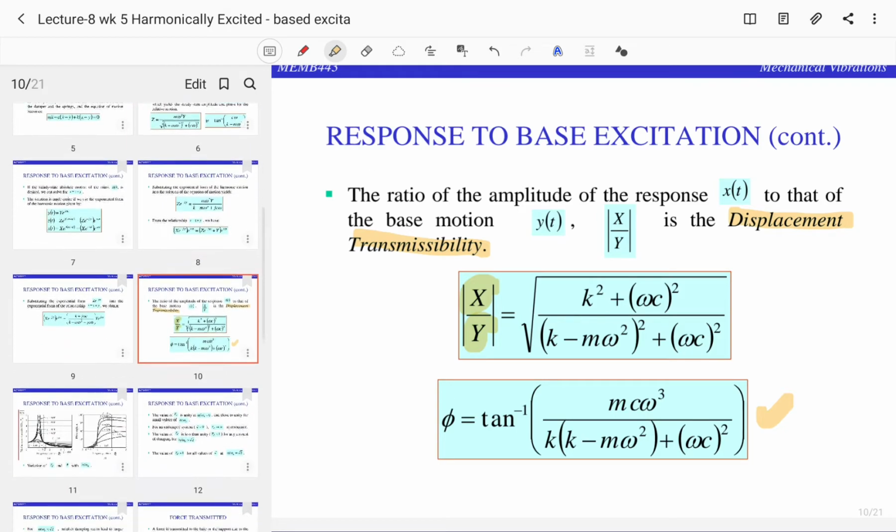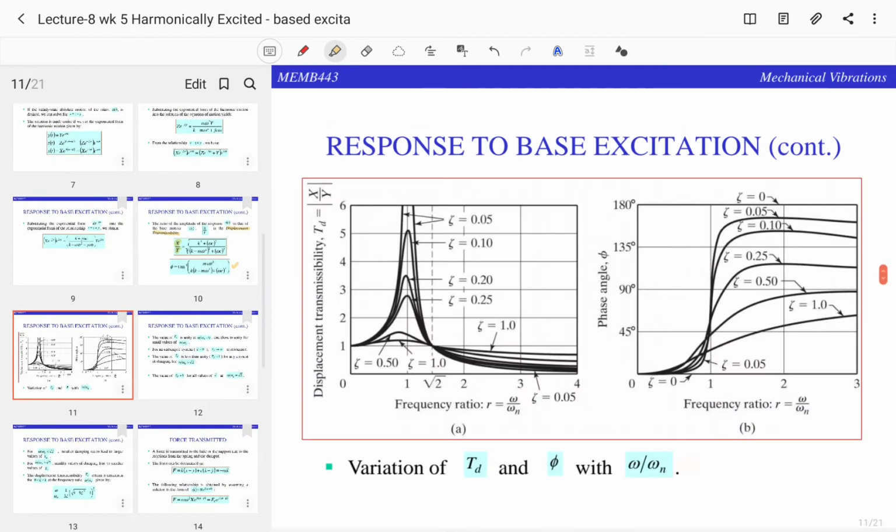If you look at the response, it's quite similar to the fixed base. In fixed base, we don't call it displacement transmissibility; it's actually an amplitude ratio. You don't have x over y, but you have x over static deflection.